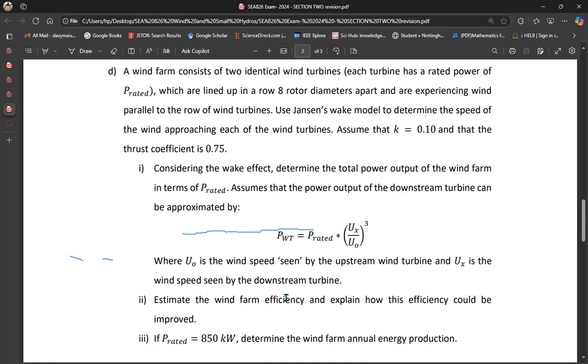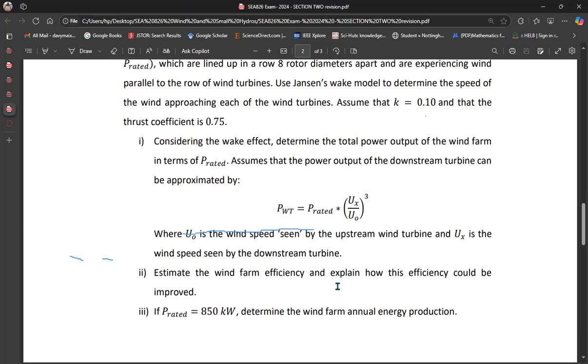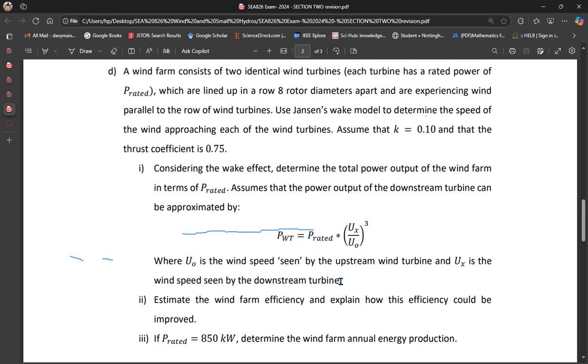So we shall get to that in our next example. And lastly, we have P rated being given. So you can determine the annual energy production from the wind farm, because now you have the value of P rated. So you can go through this question and you notice how much easier it is to use Jensen's model.